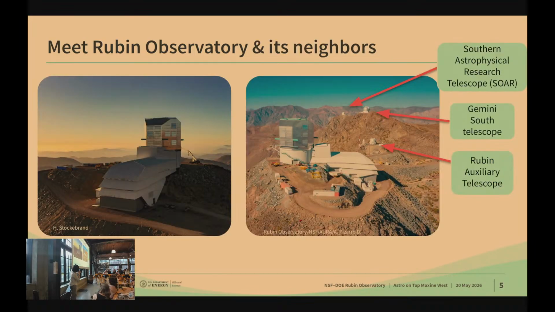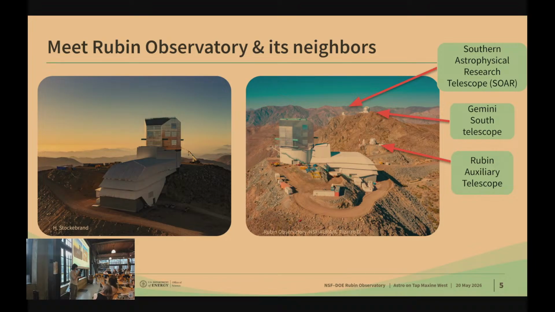There are also a lot of other, not as important but also kind of cool, observatories right next to Rubin. But this is the important one. This is Rubin Observatory, the project that I and a lot of people at UW work on. The basic concept of Rubin is that it's a survey telescope.